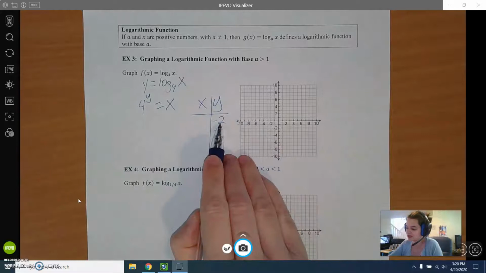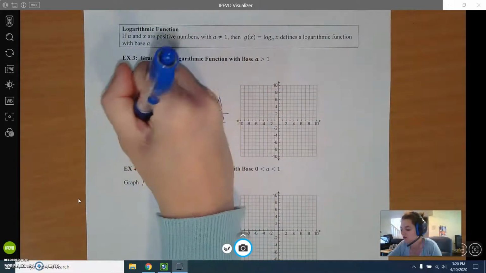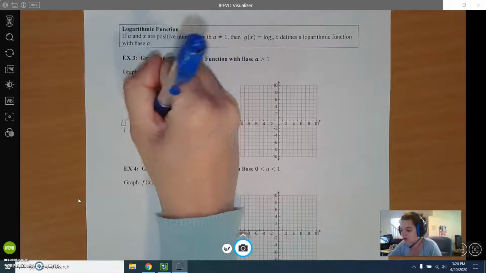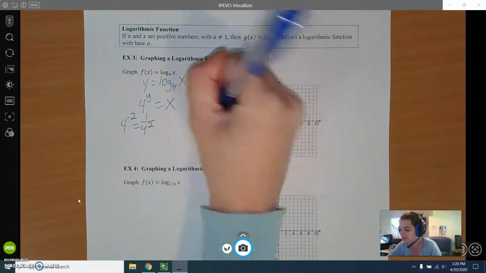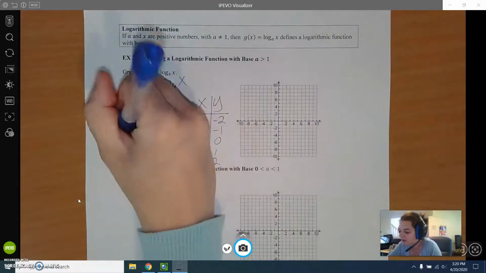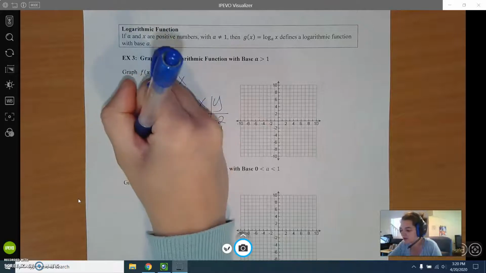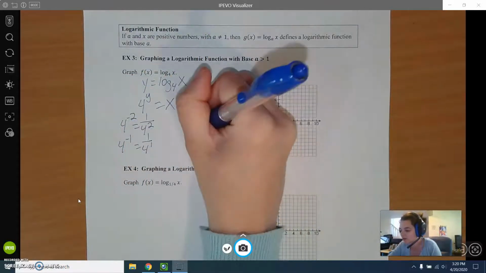So if y is -2, that would be 4 to the -2nd power, which would be the same thing as 1 over 4 squared, which would be 1/16. If y is -1, that would be 4 to the -1st power, which would be 1 over 4 to the 1st power, so that would be 1/4.